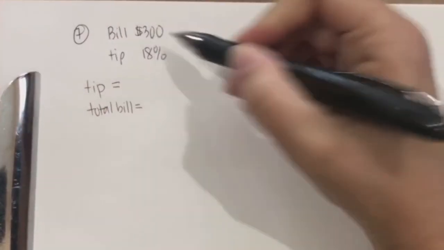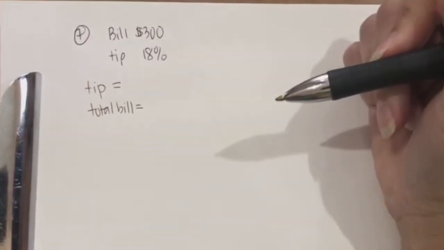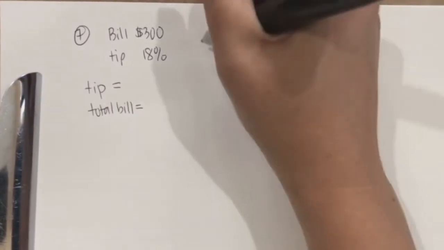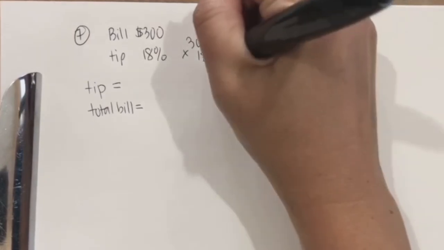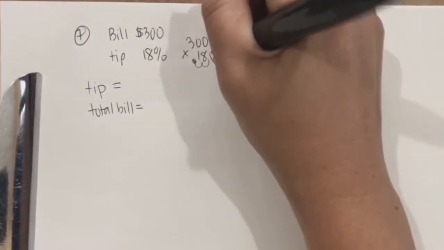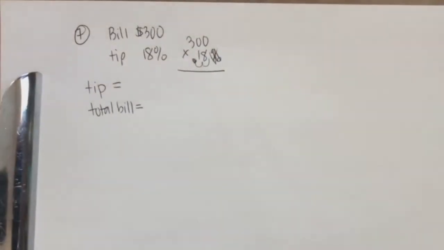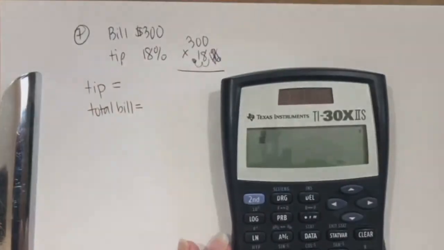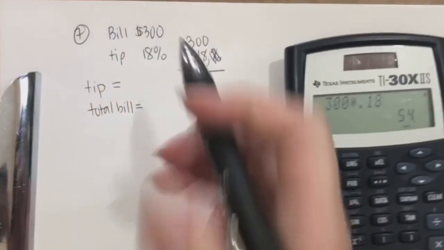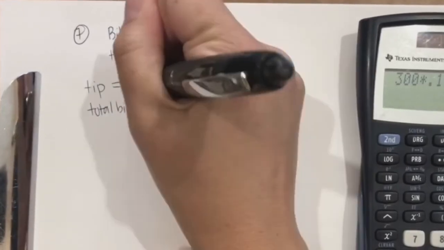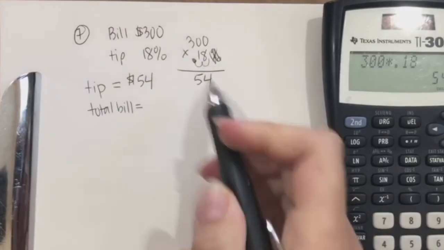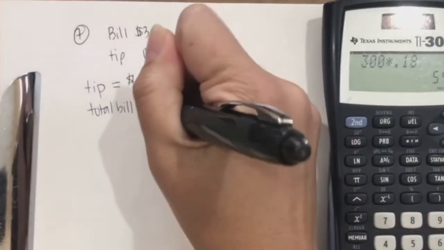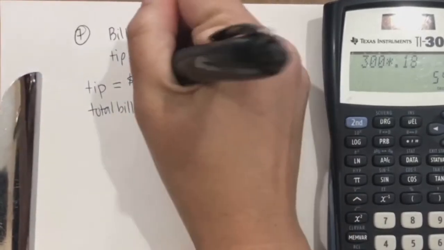So we'll find 18% of 300 and then add it to it. 300 times 18%, move the decimal twice, get rid of the percent. 300 times 0.18, 54. So her tip was $54. Then if we add 54 to 300, that's 354.